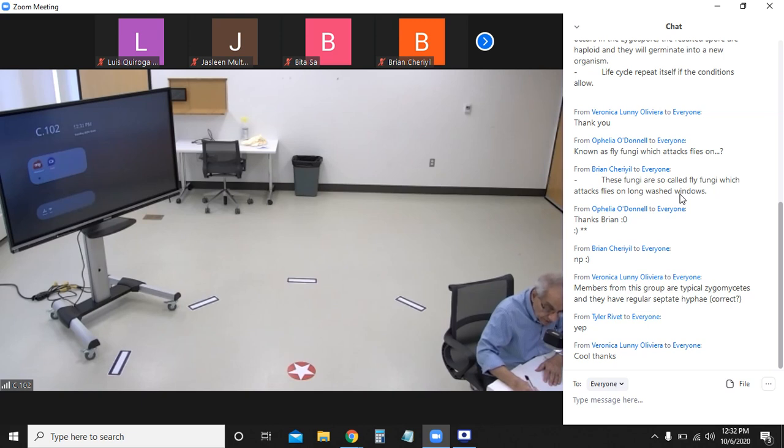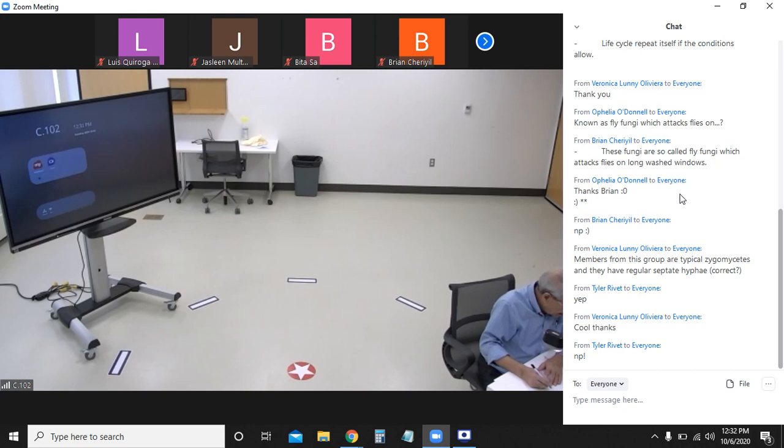Sometimes if you read some text or book, you may find these terms, so it's better to know. Teleomorphs mean the sexual reproduction, the sexual cycle. Anamorphs are the asexual.